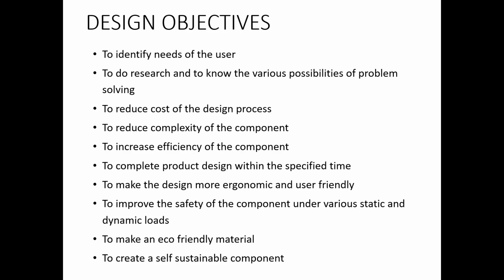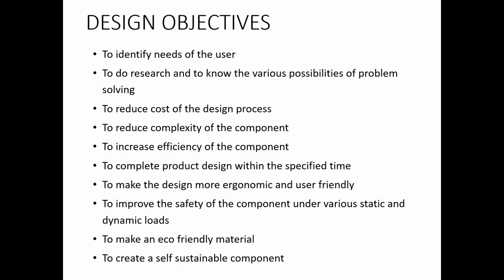Then the next objective is to use an eco-friendly material. Eco-friendly material in the sense that the material used to make the product should not be harmful to the environment. It should not cause any toxic gases or any toxic waste or non-degradable waste, etc. It should be made of an eco-friendly material.